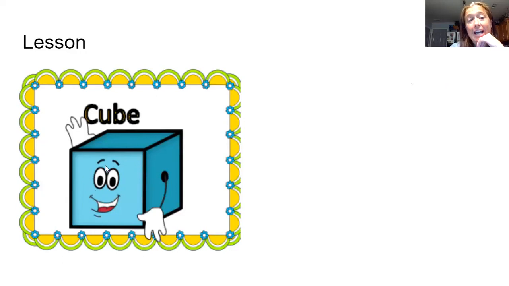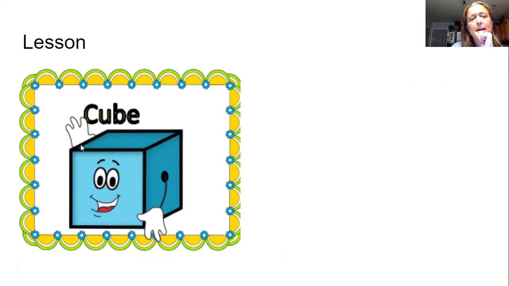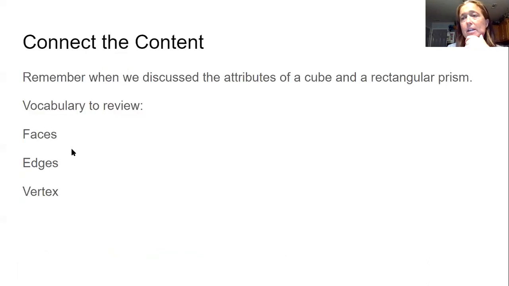So this black piece would be one of the faces. The edges are where two faces meet. So wherever you see these black lines are the edges. And then the vertex is where these edges meet. So this would be a vertex, this would be a vertex, and so on. Those are some of the vocabulary words that we've gone over during our discussion of geometry.